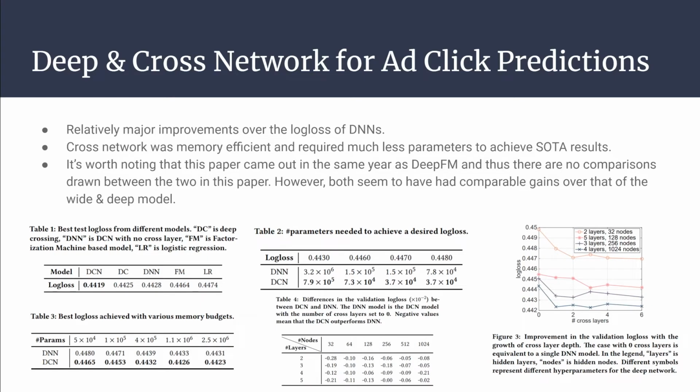One of the other things that I wanted to mention is that in figure 3, we can see how different numbers of layers inside the cross component of the network would lead to a general lowering of the log loss, basically showing that using higher order interactions between the features can reduce the loss. And lastly, for this paper, I just wanted to note that DeepFM, the paper that we went over before this, actually came out the same year, so they were not able to show any comparisons between this model and DeepFM.